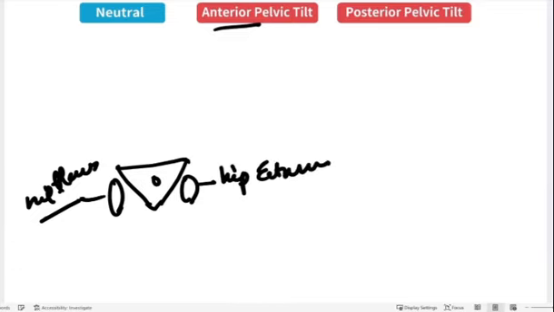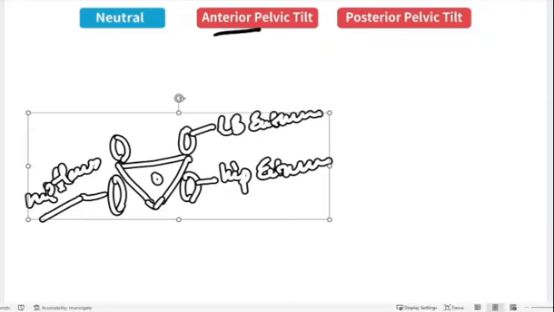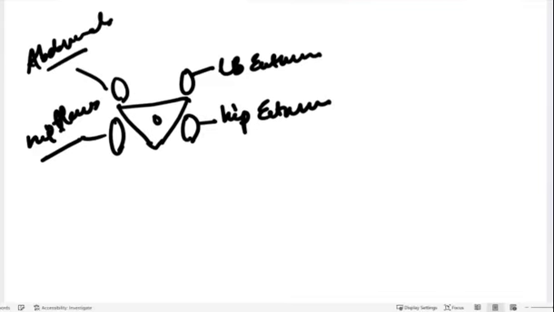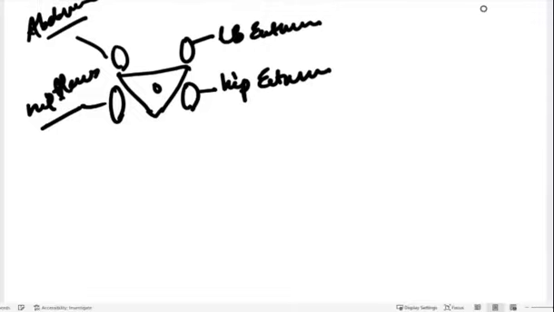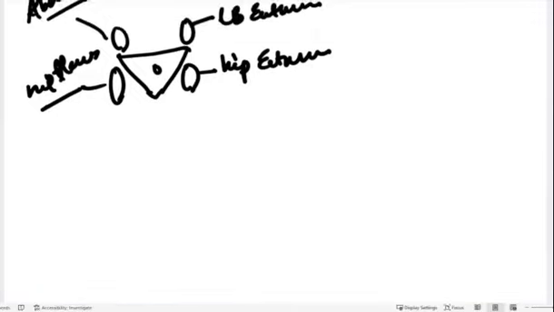On the top here you have low back extensors, and on the front of the pelvis you have your abdominals. This is your normal alignment of the pelvis.